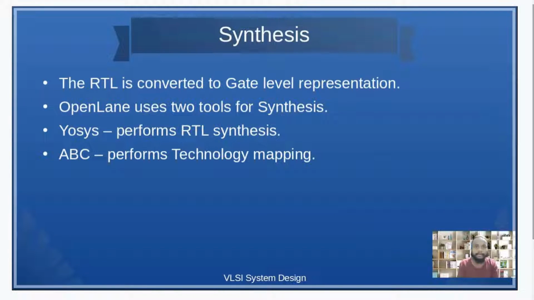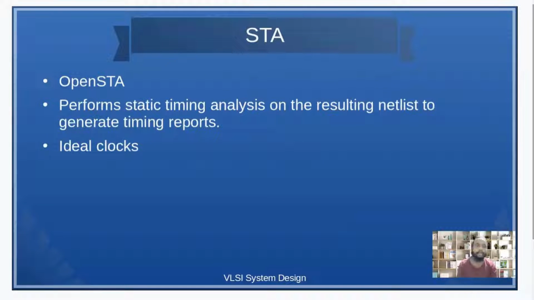Synthesis happens in two stages inside the OpenLane flow using two tools, namely Yosys and ABC. Then there will be a static timing analysis done on the gate level representation, and the ideal clocks will be used in this analysis.